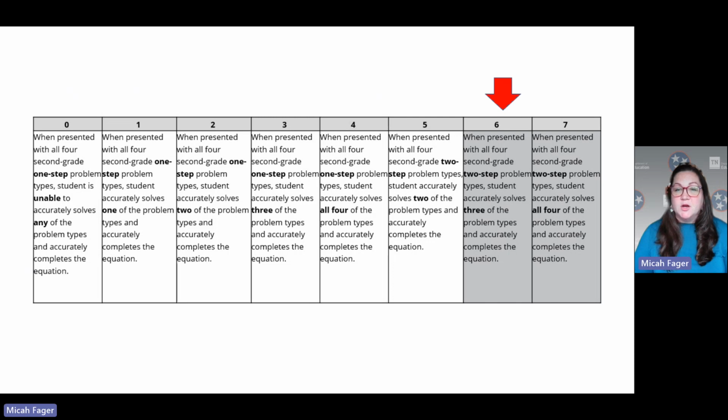If the student is able to accurately solve 3 of the two-step problem types, then the student work will receive a level 6. And if the student is able to accurately solve all 4 of the two-step problem types, then the student work receives a level 7.